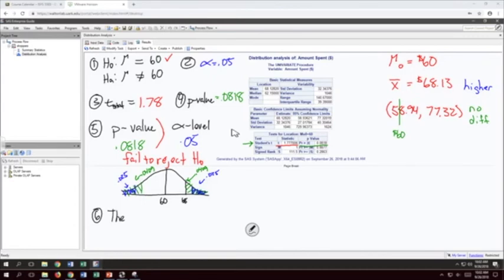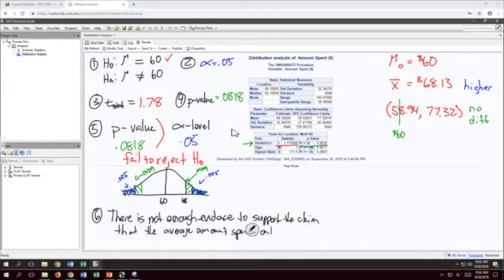Step 6 would be, there is not enough evidence, and you can say this a lot of different ways, to support the claim that the average amount spent in the line is different than the average amount spent in the store. That's fine.